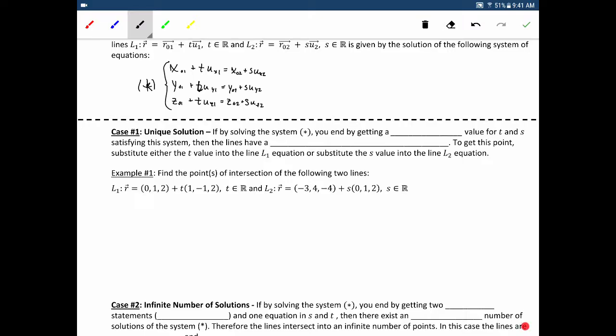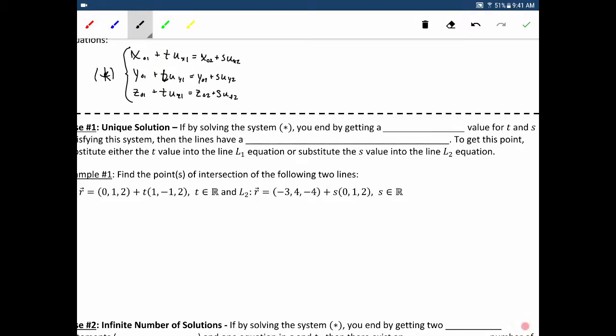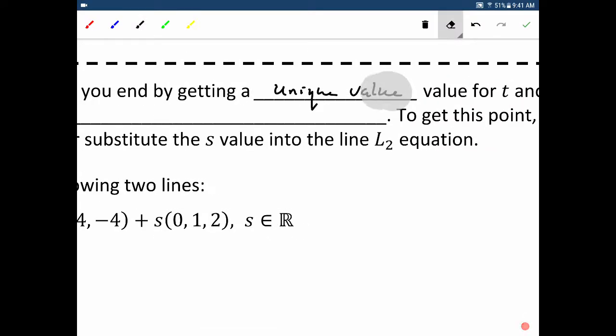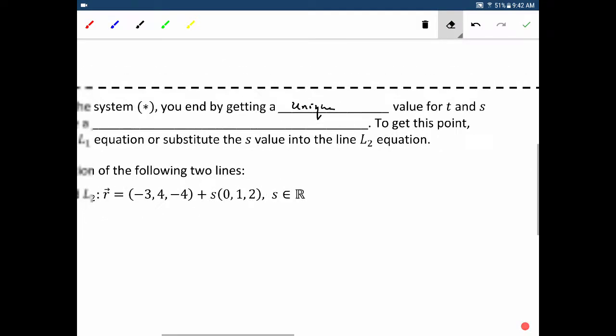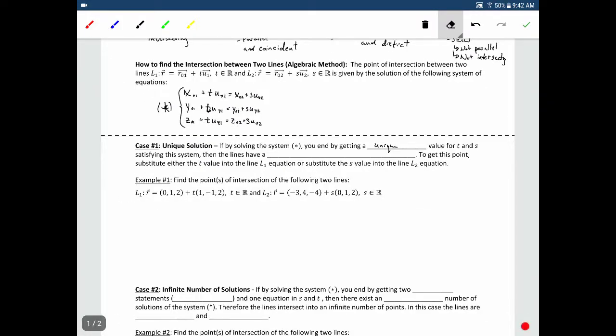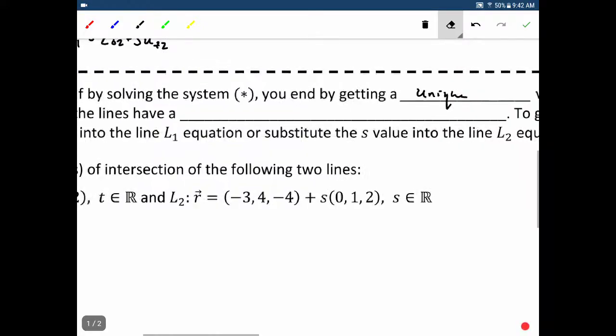If by solving the system, which is the one we called star, you end up getting a unique value for t and s satisfying the system, then the lines have a unique point of intersection.